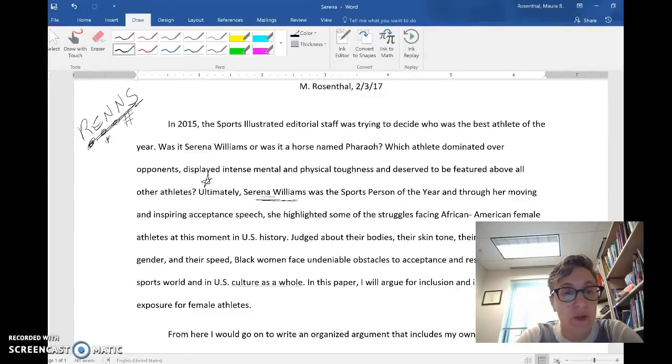So if I were to use the Renns test to look at this paragraph, I'd say, okay, so the reason: Serena was ultimately the sports person of the year, and the reason she was, partly, is these obstacles she was able to overcome.